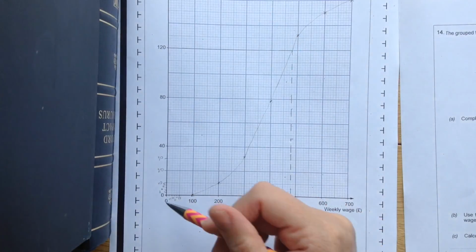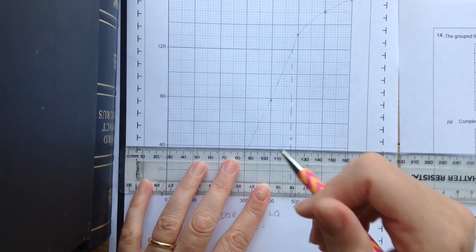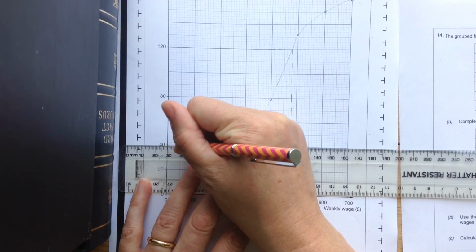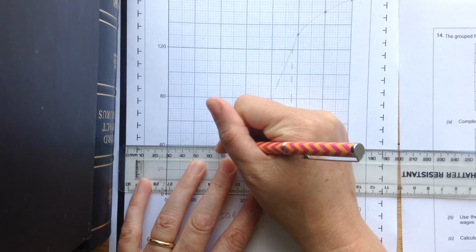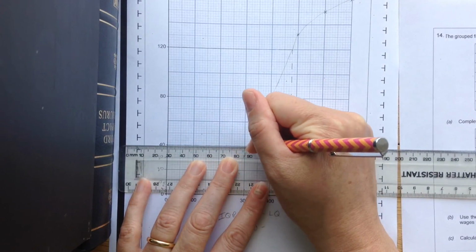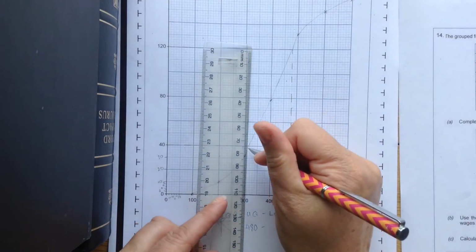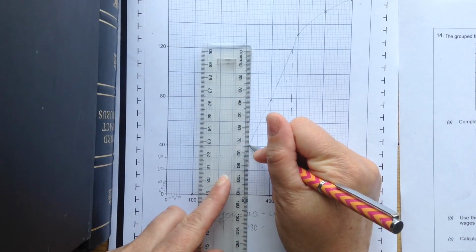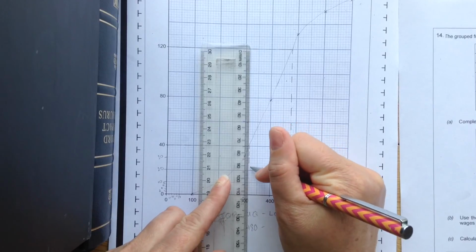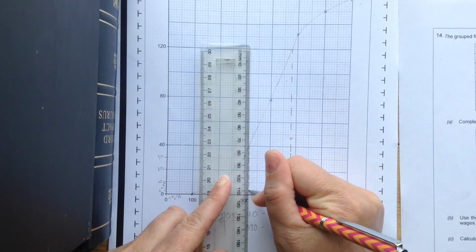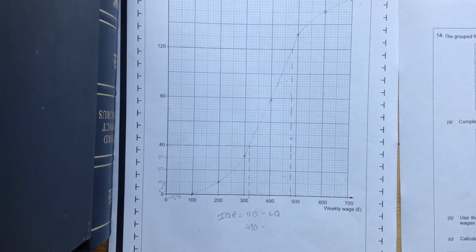So a quarter of 160 is 40. So we go up to 40. Draw the line on so the examiner can see what we did. And down. Okay, that's going to be at 320. So the interquartile range is 80 up to that, 160.